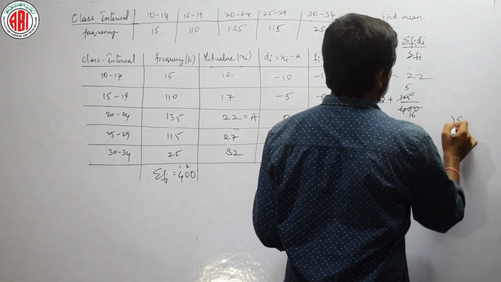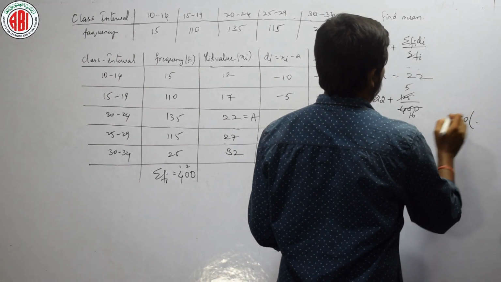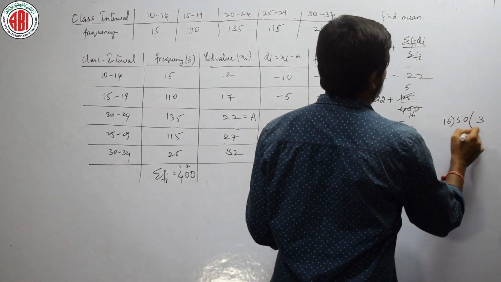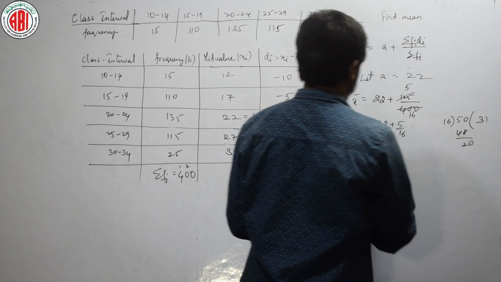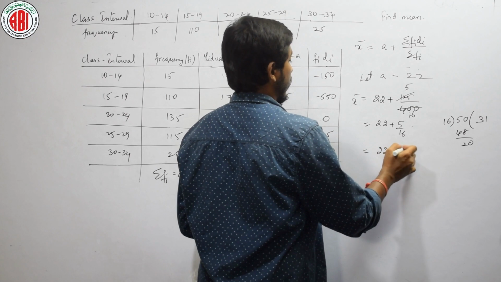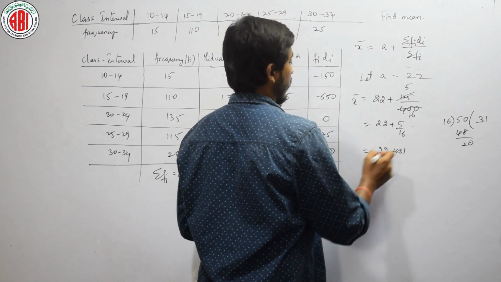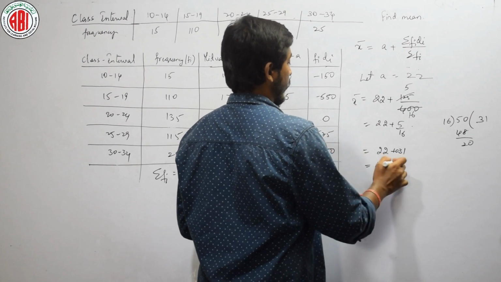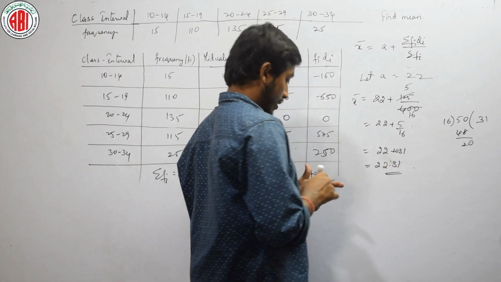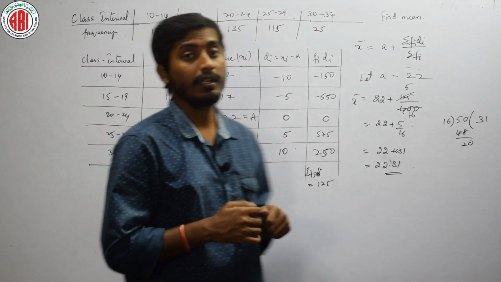How much will we get? 5 by 16 is 0.0, 16 3s are 48, 2 is left, 5 put 0 also, 16 1s are 16, somewhere it will be 0.31, which is 22.31. That is my mean for this particular question.